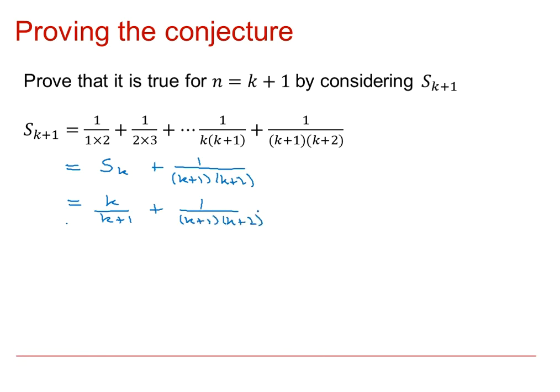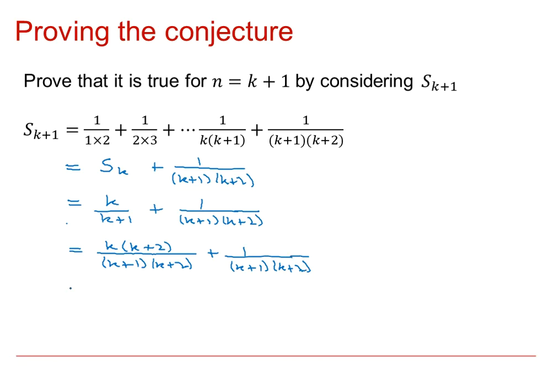So what we've got to do now is to simplify this algebra and see what result we get. So going for common denominator, I get k times k plus 2 over k plus 1, k plus 2, plus 1 over k plus 1, k plus 2.